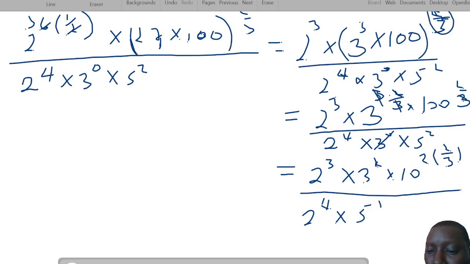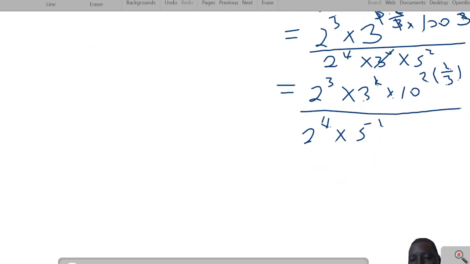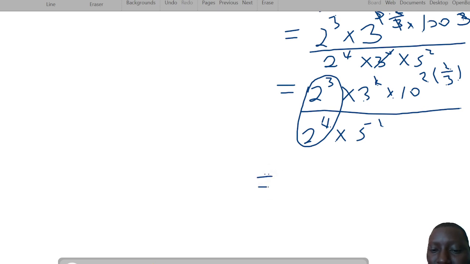Now there are a few things we need to put together here. This 2 power 3 can be combined with 2 power 4. Because it's a division, we are going to minus the powers. So that is going to be 2 power 3 minus 4.